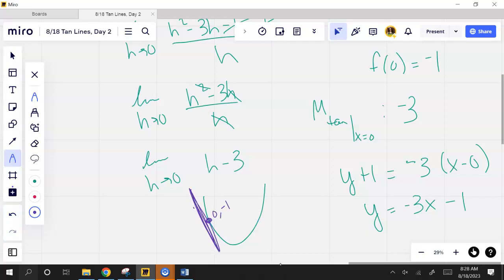Y'all see why I knew I was wrong on the wrong side? Slope of that line is negative 3. It was positive on the other side. The equation of this line, only that line that goes through that very one point, is y equals negative 3x minus 1. If I move that point of tangency somewhere else, it's a different slope, it's a different line altogether. So this is unique only at that one point. Isn't that cool?